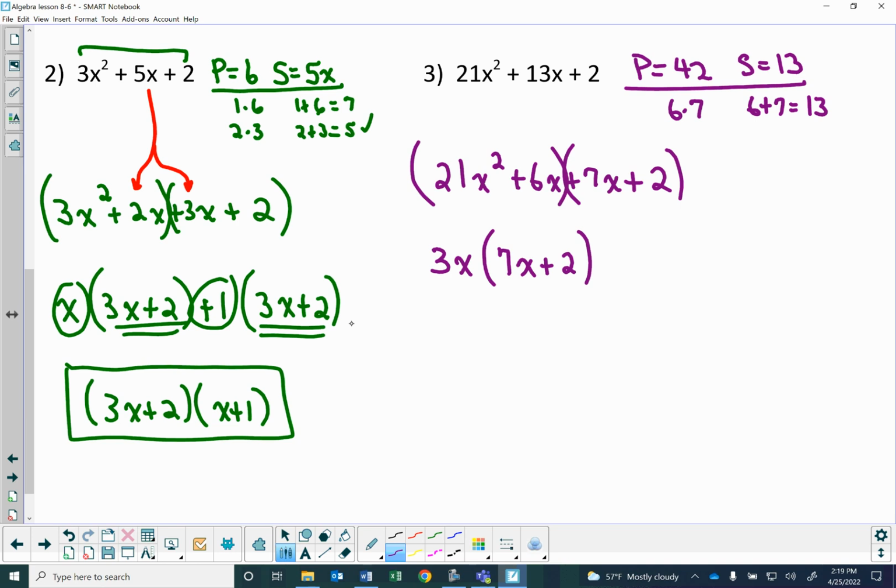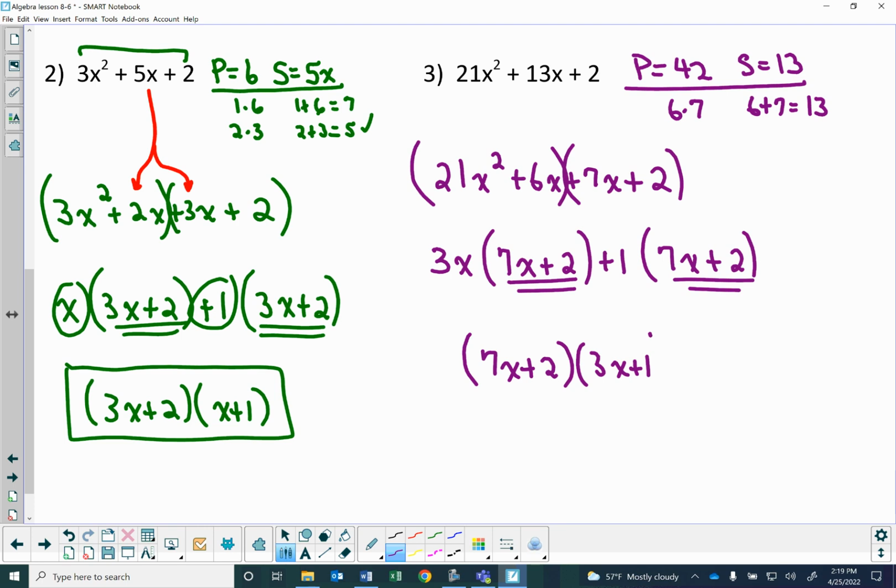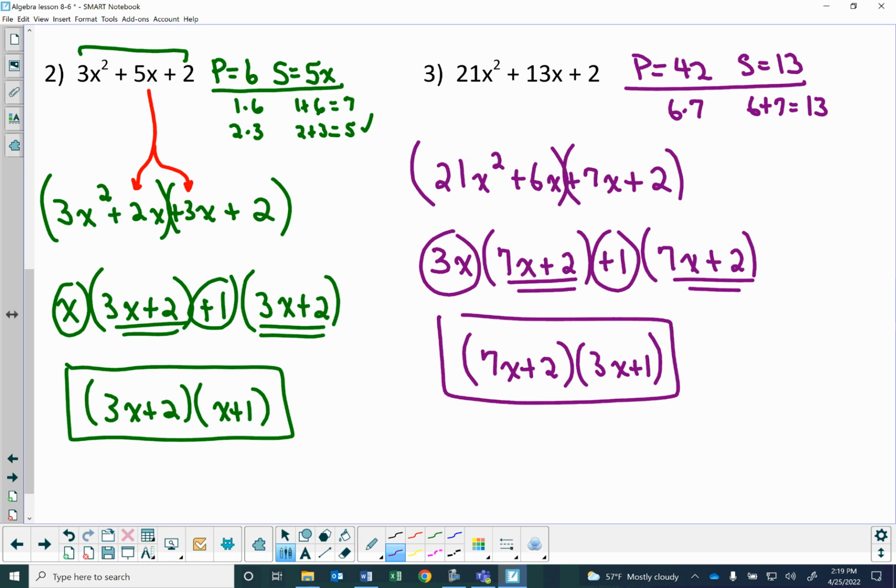Greatest common factor out of 7x plus 2 is 1 again. So I put that 1 down there, and I'm left with 7x plus 2. So my common term is 7x plus 2. What is left over? 3x plus 1. So the factorization of 21x squared plus 13x plus 2 is 7x plus 2 times 3x plus 1.